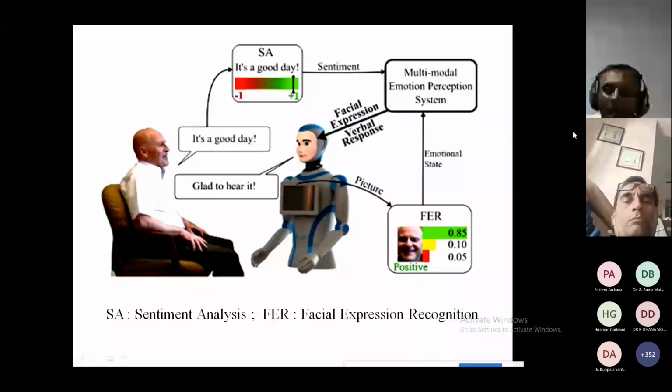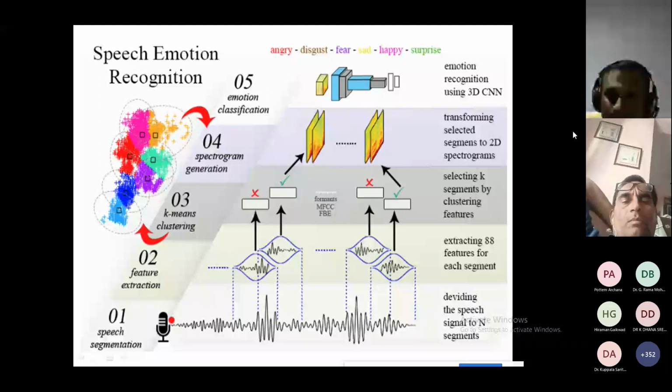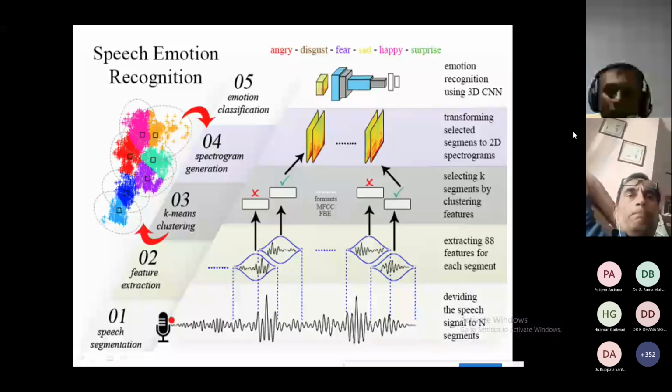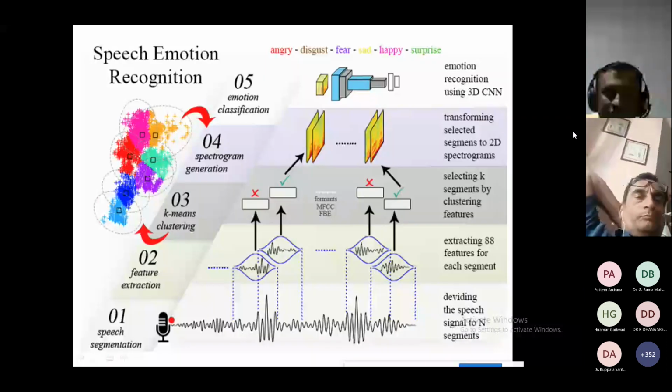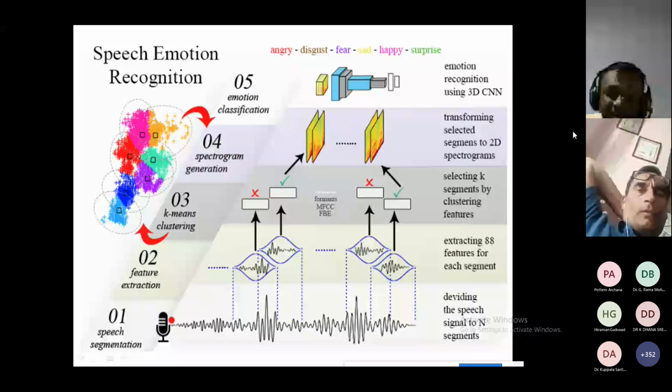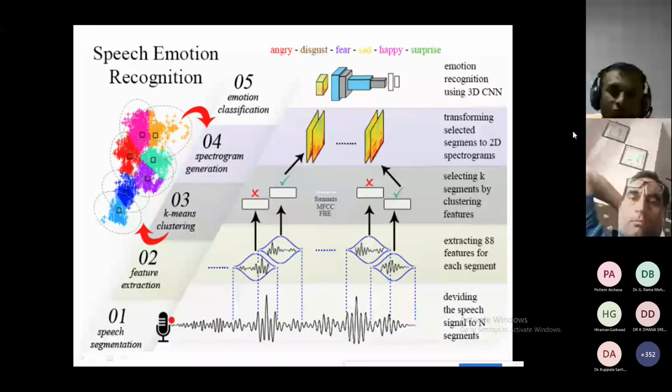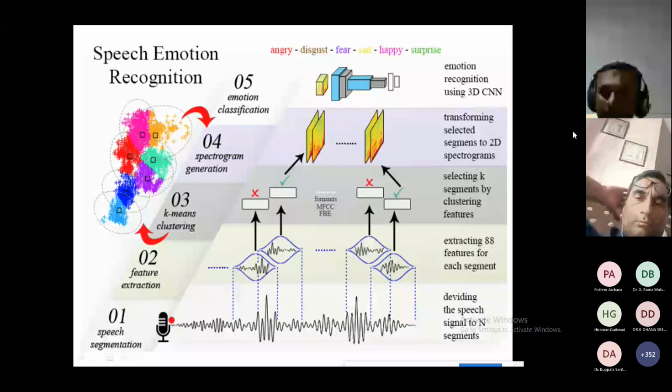How will the robot recognize things? The mechanism behind it: the speech comes in through the sensors, the voice recognition sensors. Then the speech goes for speech segmentation. From the speech, feature extraction happens, where 88 features are extracted for each segment.